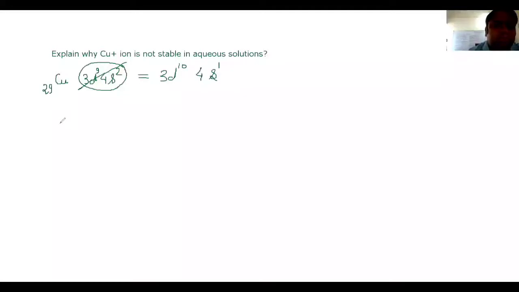Now, if you see Cu1 plus ion, then it has got 3d10 4s0. One electron is given out. So one electron is lost.